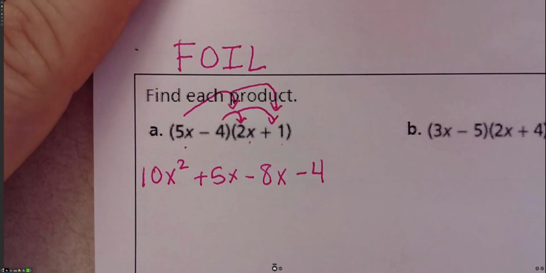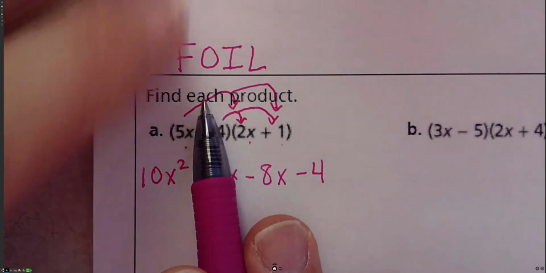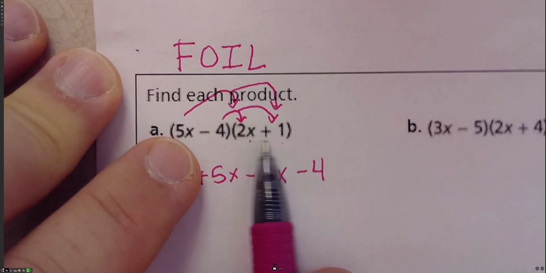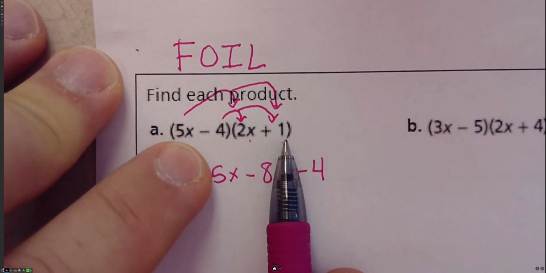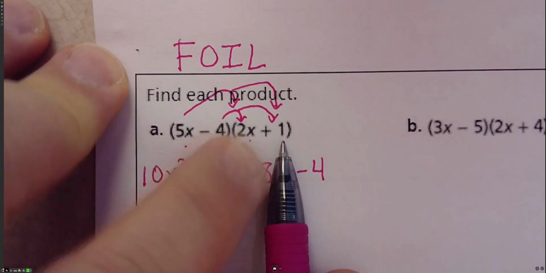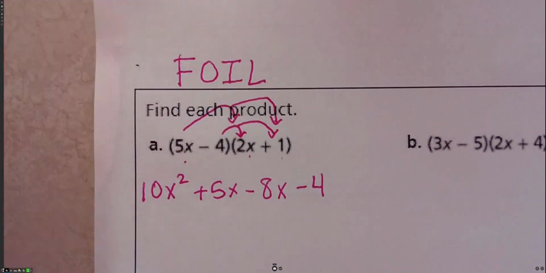Wait, if it was the outer, would that, if there was an x opposite, then the first would go to the outer? When they say this right here, they're saying multiply the first things together, then multiply the outer things, which is these two, and then the inner things, and then the last things. Does it matter what order you do it in?